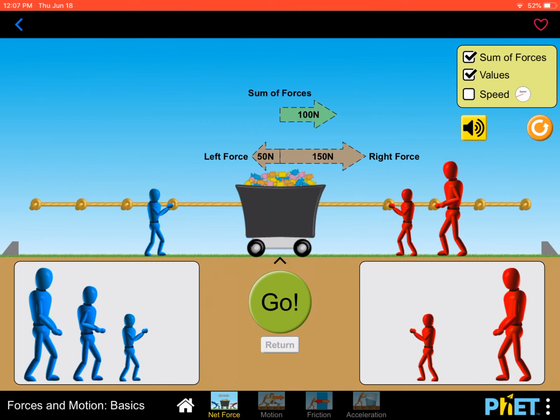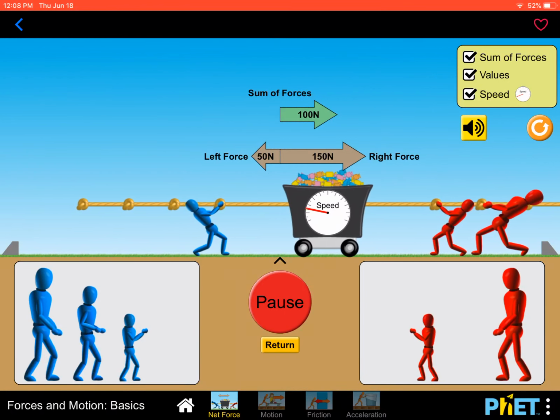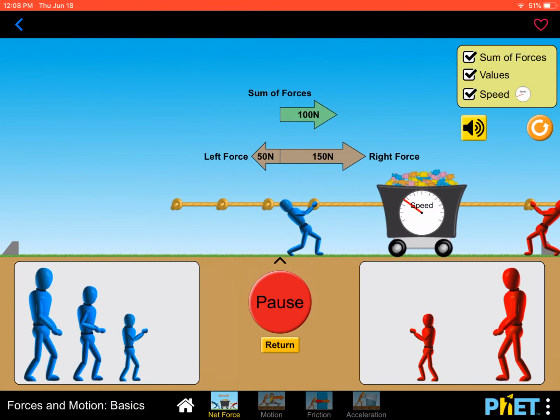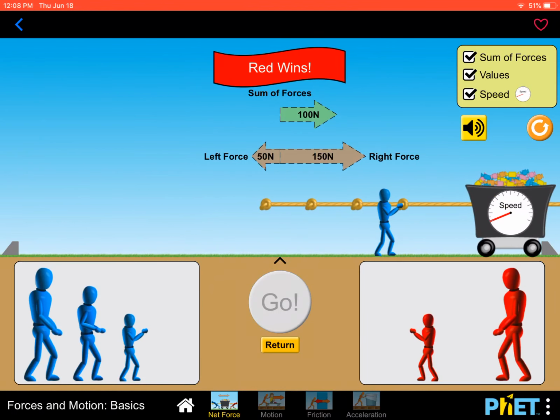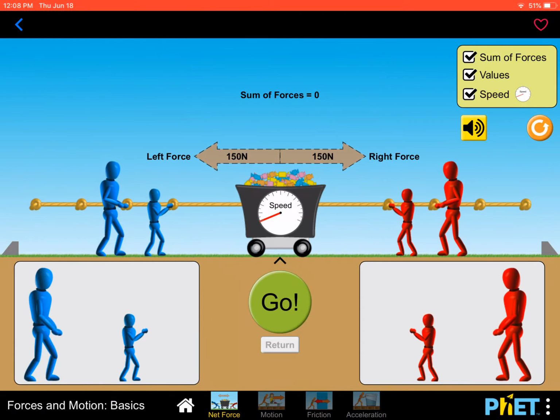Let's put the speedometer here, just to check what the speed is, and we say go, and it's moving. See what's happening to the speed, it's also increasing. So red wins. Then we say, let's see if we can increase. Now it's both 150 and the sum of the forces is 0.